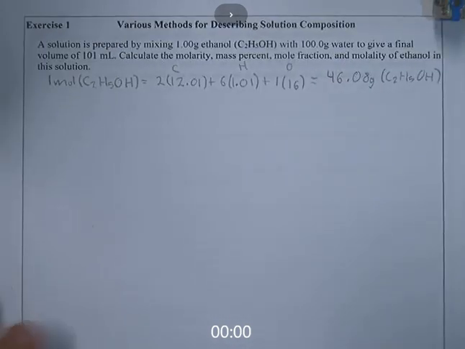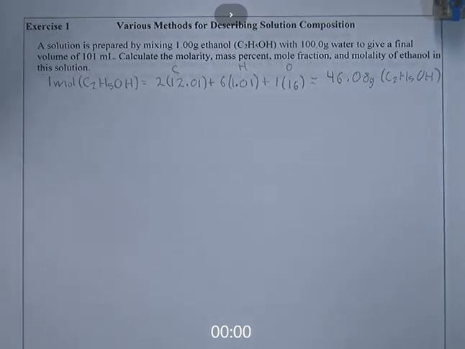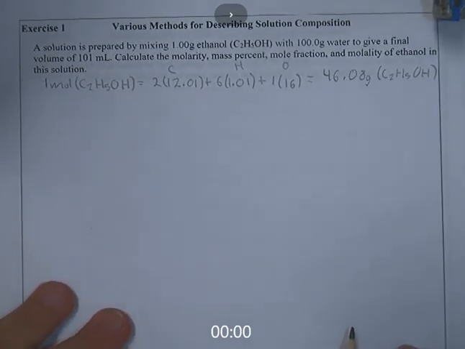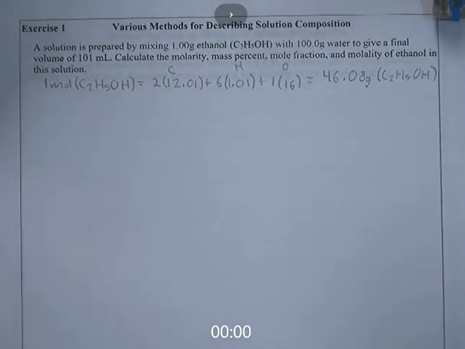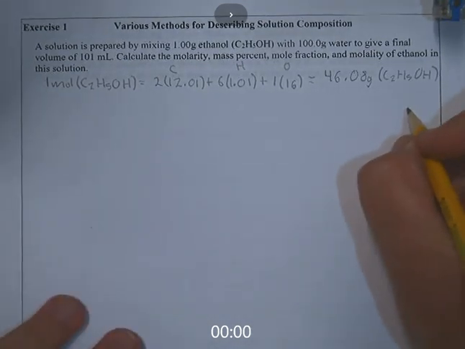Okay, now we want to find molarity. Anytime you do this, you want to convert that capital M for molarity into the units that it actually represents. And that's what we're trying to find.